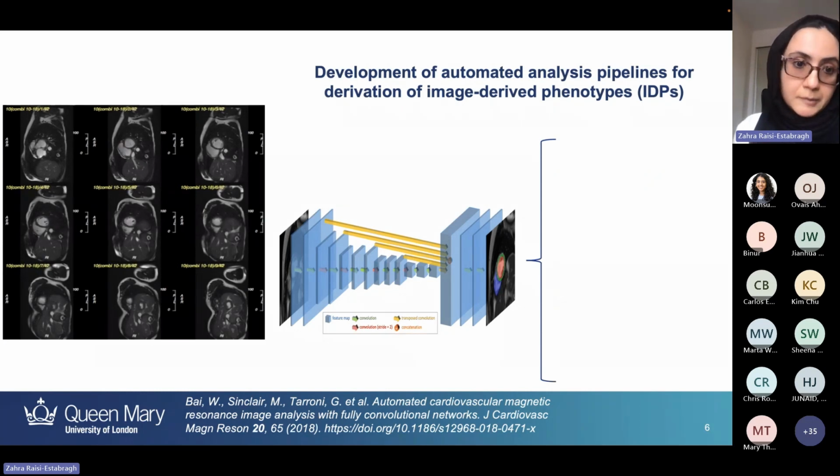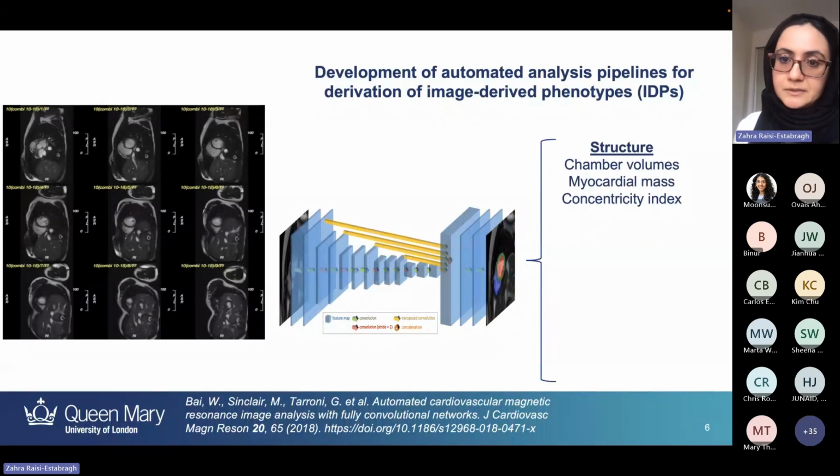There are dedicated pipelines that have been developed and validated in the UK Biobank and are now available for use. And in this way, we can derive our imaging phenotypes in an automated and scalable manner for the entire imaging set. And this is a sort of example of measurements that we can derive.